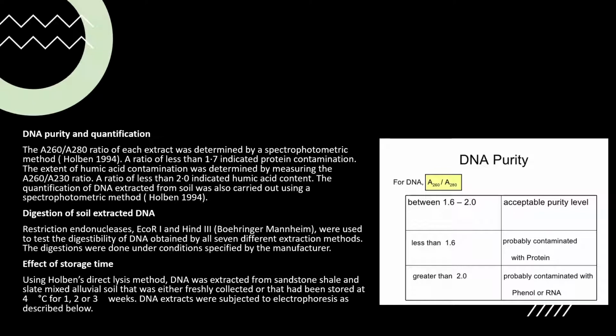A ratio of less than 1.7 indicated protein contamination. The extent of humic acid contamination was determined by measuring the A260 to A230 ratio. A ratio of less than 2.0 indicated humic acid content. The quantification of DNA extracted from soil was also carried out using a spectrophotometric method.